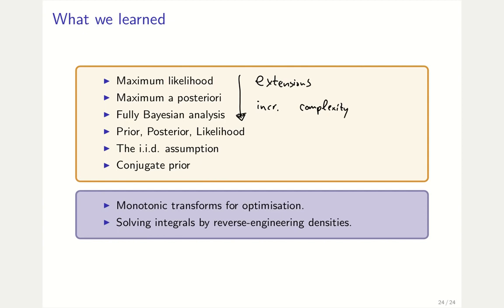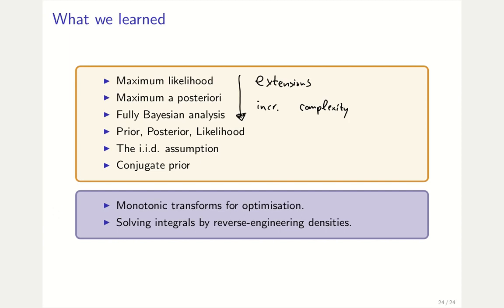So we would always like to do fully Bayesian analysis because it's the most correct way of doing it, but it's also the most complicated way. And if we have enough data, then maximum likelihood might actually be preferable, because the pain of the calculations is not worth the extra correctness, so to speak.